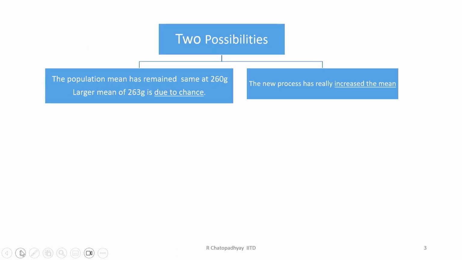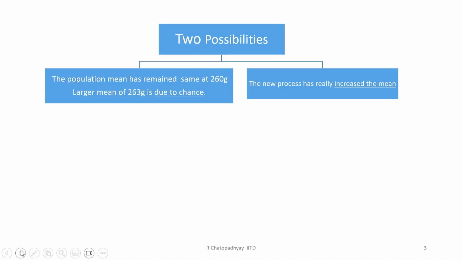Now, how do we go about it? If we ask this question, there are two possible answers. One is that the population mean has remained same at 260 gram, and the larger mean of 263 gram is just because of chance. Because we are not testing the entire population, we are testing only a sample, and the size of the sample is only 40. That is, 40 pieces have been tested for weight, and the mean value is 263 gram.